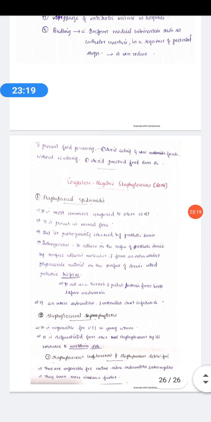Coming to the pathogenesis, how it produces the disease. It adheres to the surface of the prosthetic device by surface adhesive molecules and forms an extracellular polysaccharide material on the surface of the device. It is called a protective biofilm. This biofilm acts as a barrier between the defense mechanism of the host and the bacteria, and it is protected from the defense mechanism and also from the antibiotics.